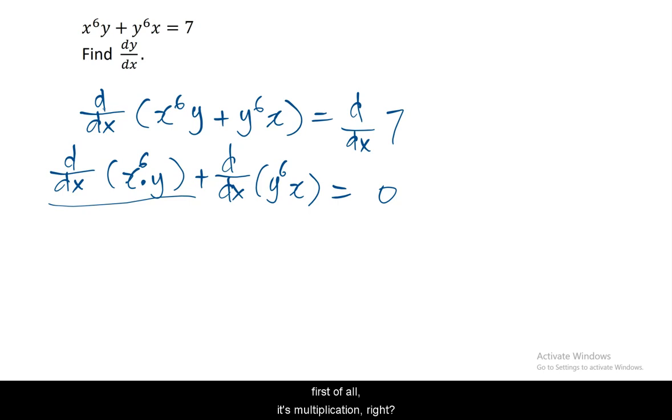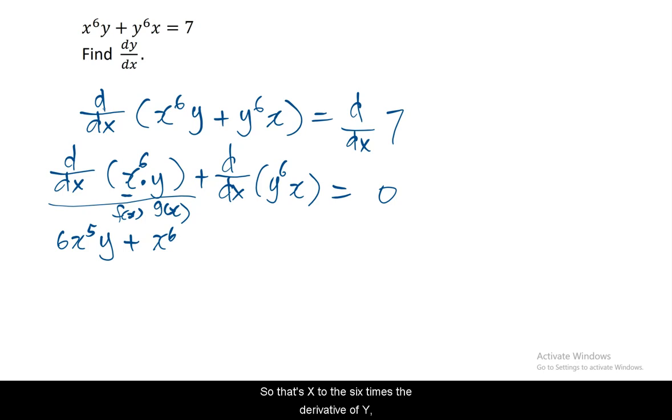First of all, it's multiplication, right? So using the product rule, this is f of x, this is g of x. So we have f prime times g, that's 6x to the 5th times y, plus f of x times the derivative of g. That's x to the 6th times the derivative of y, dy/dx, plus.